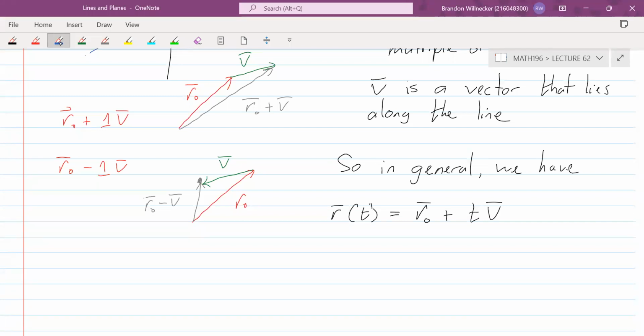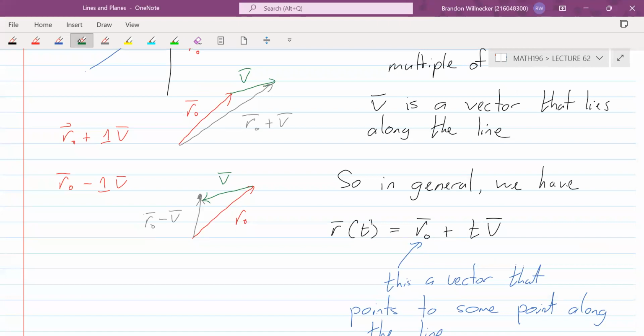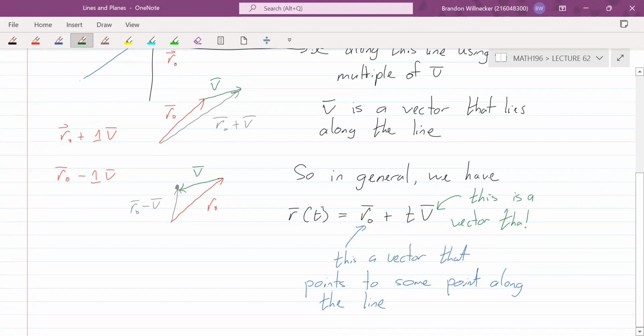R0 is a vector that points to some point along the line. v is a vector that lies on the line.